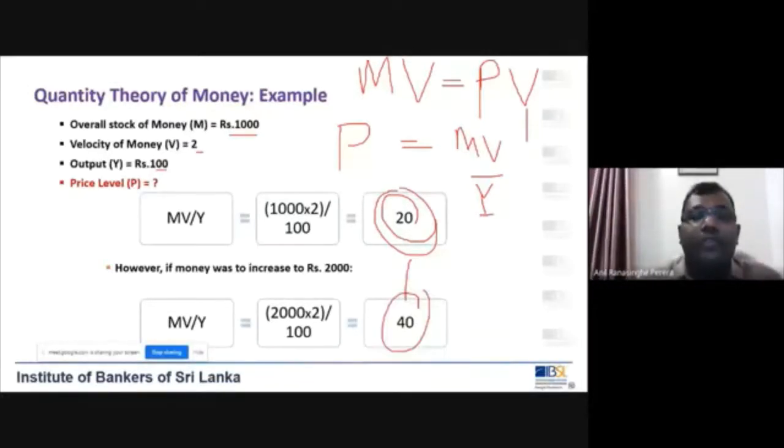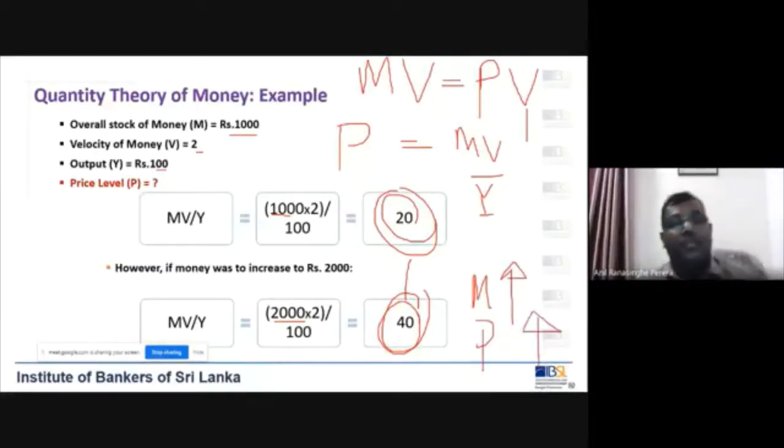You can prove it, you can calculate. So money earlier 1000, now it is 2000. Velocity does not change, overall output does not change, 100. If you solve this, you get 40. So when money increases, prices increase. That is the inference or the message out of this discussion.